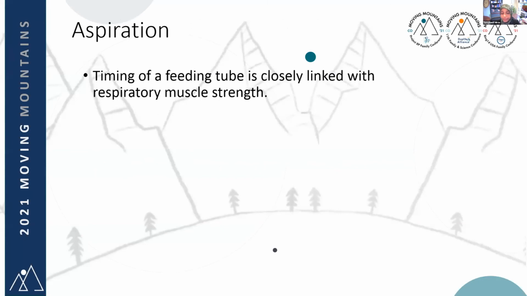And then that also links in very closely from a respiratory muscle strength perspective, that if we do recognize that any of our patients are developing any form of chronic aspiration, that it's unsafe for them to continue taking diet PO, that would be the timing of that feeding tube.